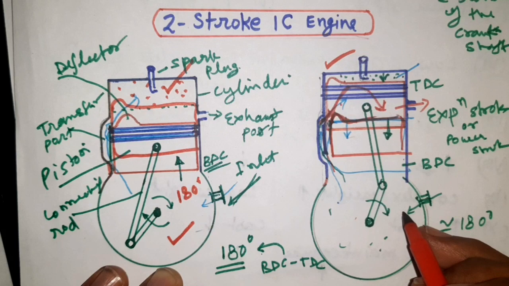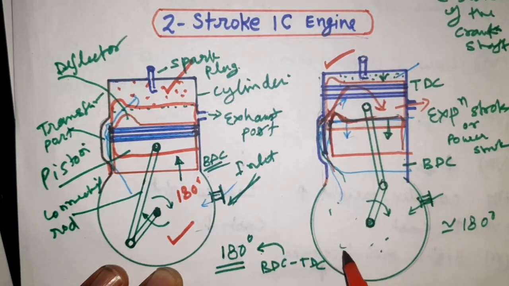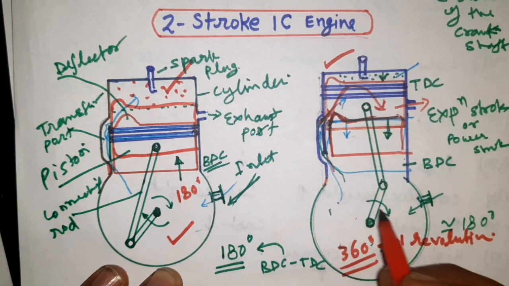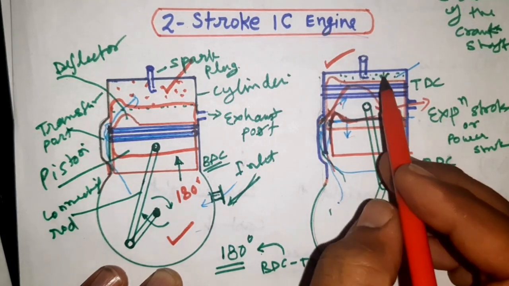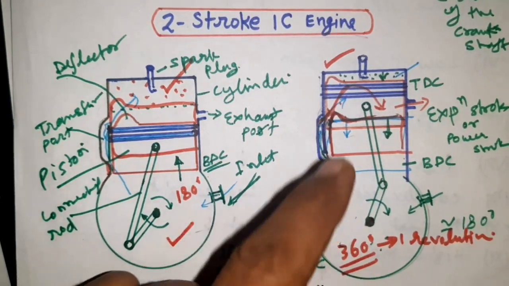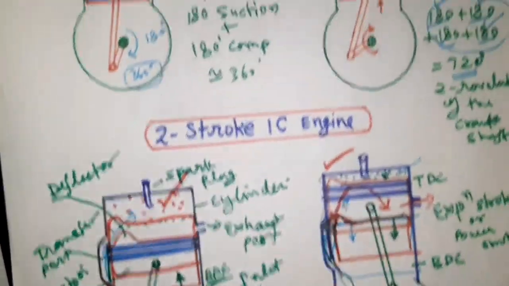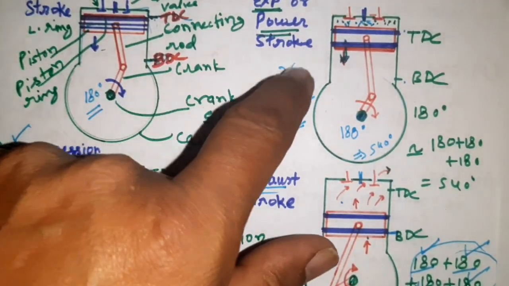So 180 plus 180 means 360 degrees, which is one revolution. In one revolution of the crankshaft, there is one power stroke, but in the case of a four stroke engine, in two revolutions of the crankshaft, there is one power stroke.